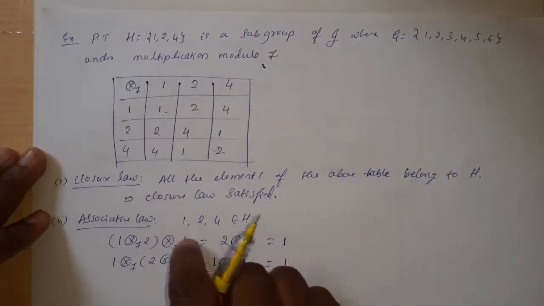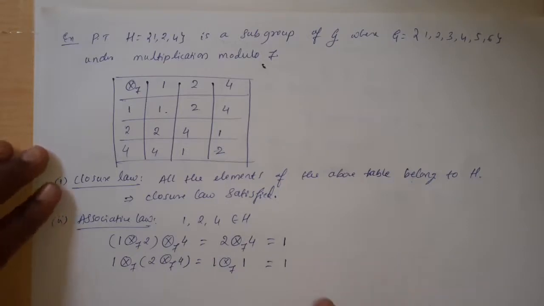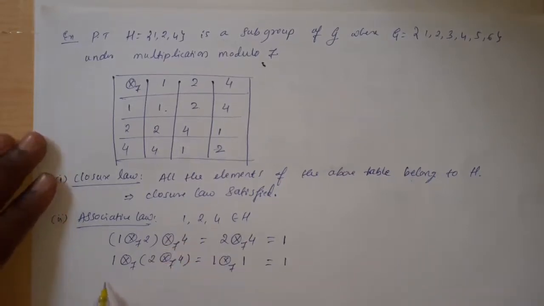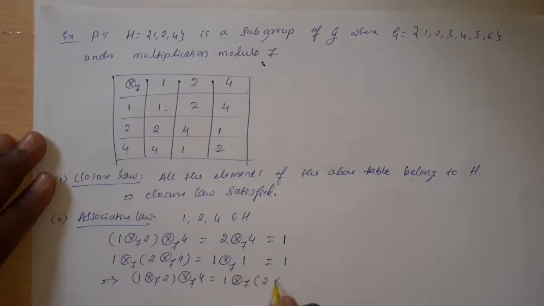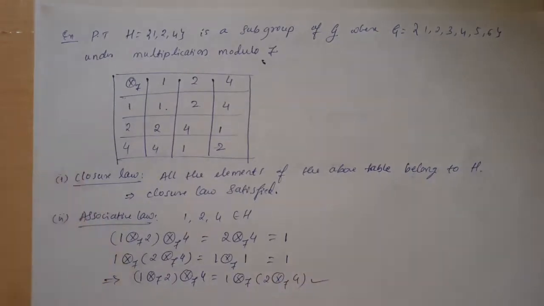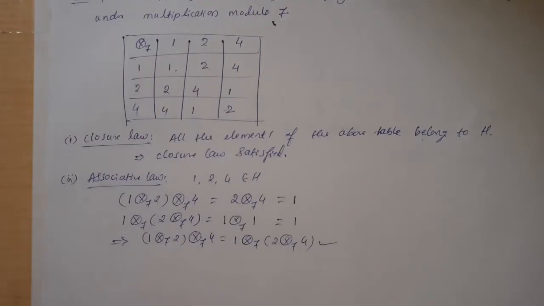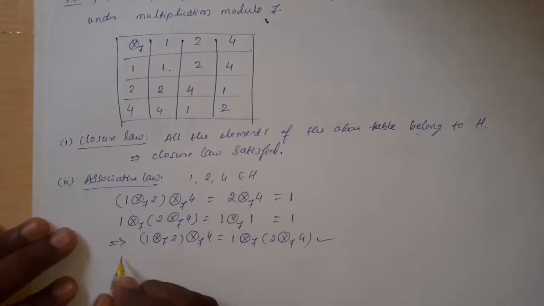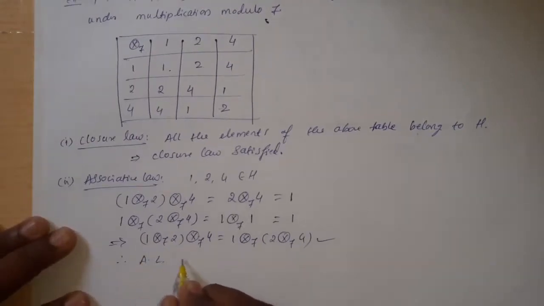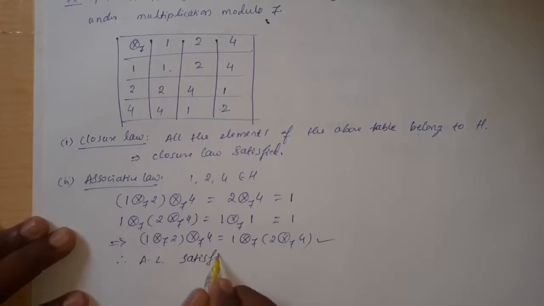So therefore, both the expressions are giving the same result, means these two are equal. So it implies that 1 multiplication modulo 7 into 2 multiplication modulo 7, 4 is equal to 1 multiplication modulo 7, here it is 2 into 4. So if this property is satisfied, then we can say that associative law is satisfied for H. So therefore, associative law satisfied.